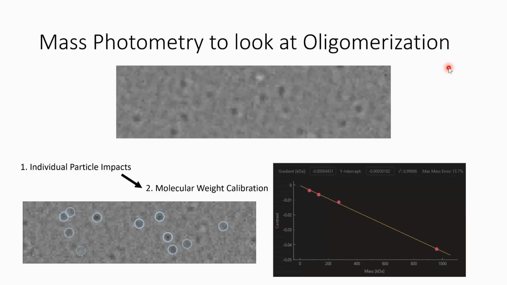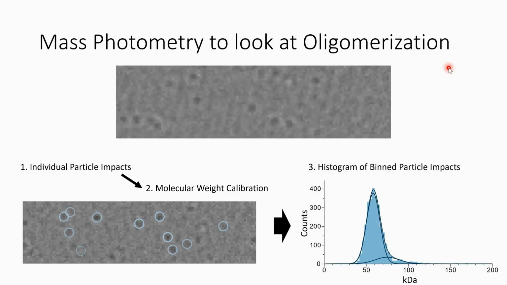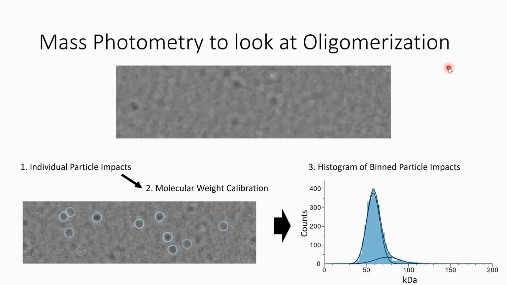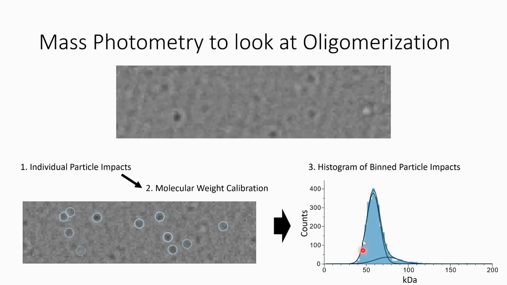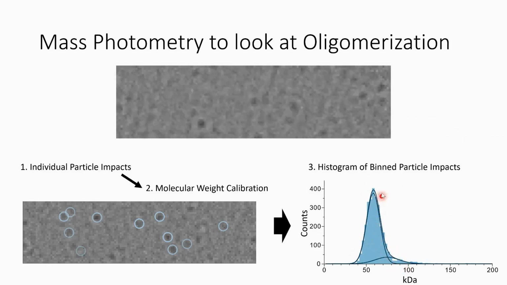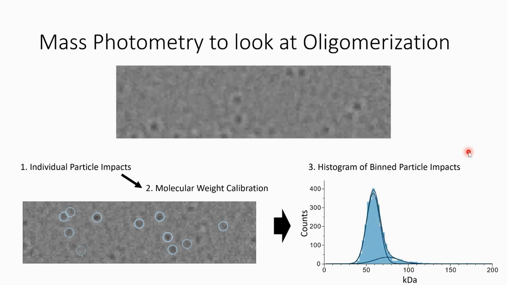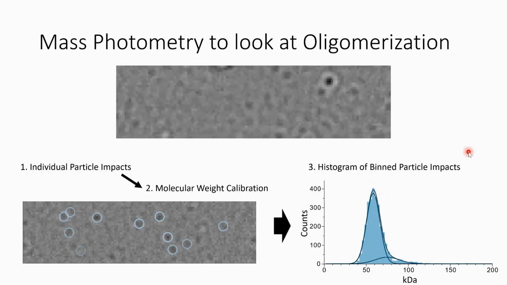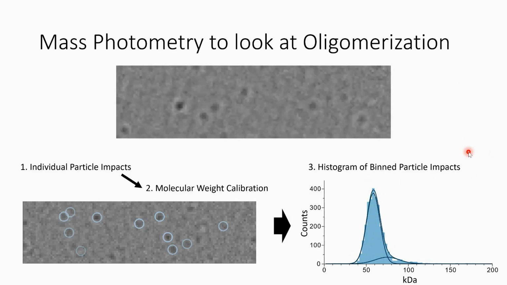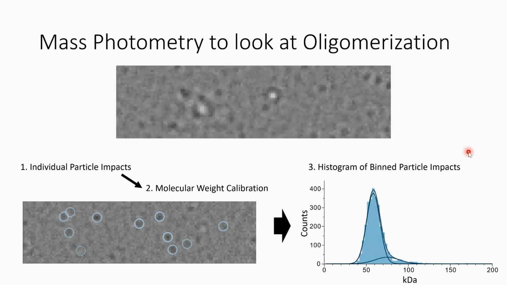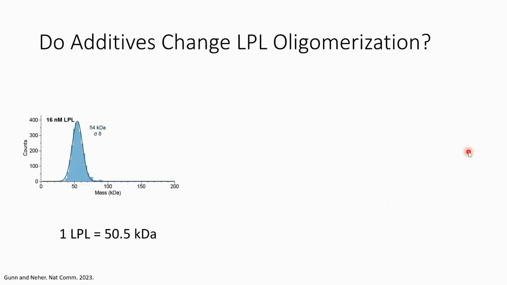Then when you put in your unknown protein, you can create a histogram of these binned particle impacts. If you fit a Gaussian distribution to it, you can get an average molecular weight for the protein you're looking at. As you can imagine, this would be very useful if you're trying to determine if something is going between a monomer and a dimer. So I was very excited to apply this to LPL.